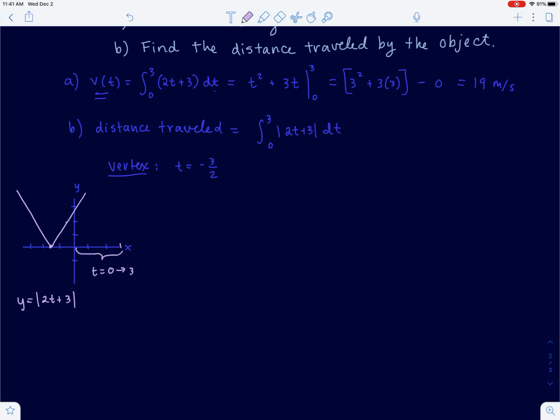So for our distance traveled here, we don't need to break it up into two integrals because the vertex doesn't happen between 0 and 3. So what we get is just the integral from 0 to 3 of 2t plus 3 dt, which is the same thing that we did before. So we get t squared plus 3t.